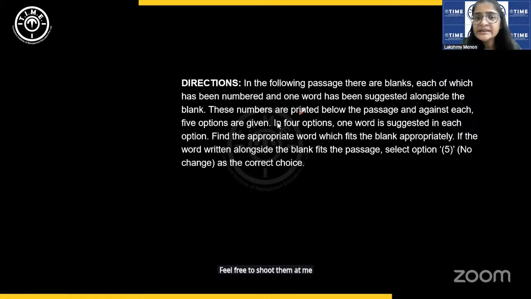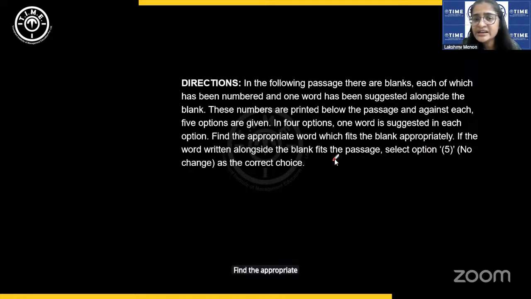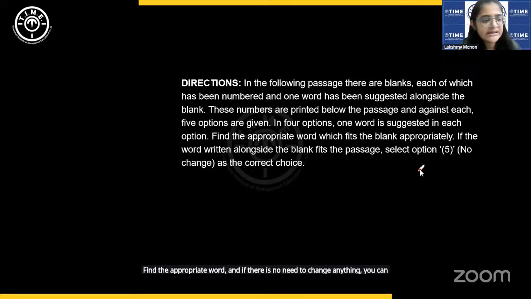One word has been suggested alongside the blank, and these numbers are printed below the passage, and against each 5 options are given. In 4 options, one word is suggested. Find the appropriate word, and if there is no need to change anything, you can pick 5 as the answer. What does it mean?